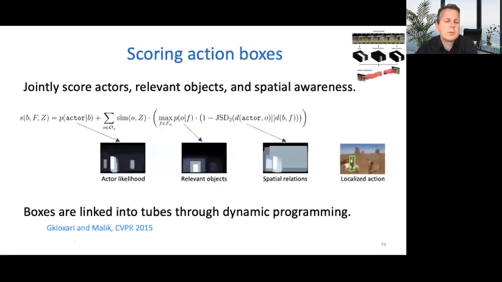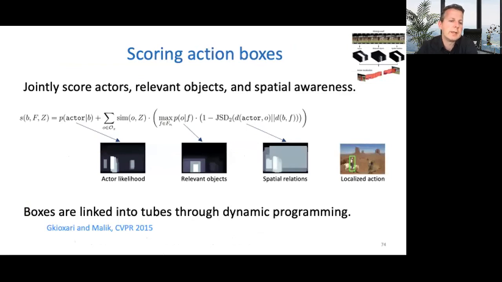Now, we need to combine all these priors. This is a highly involved score function, but notice that we do not use any training data. These are all combined without any training.